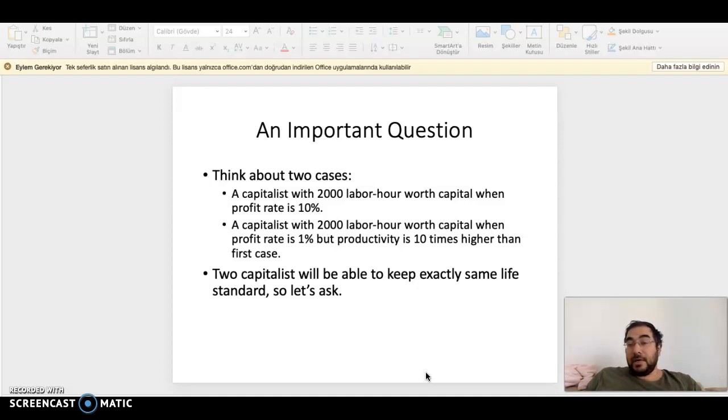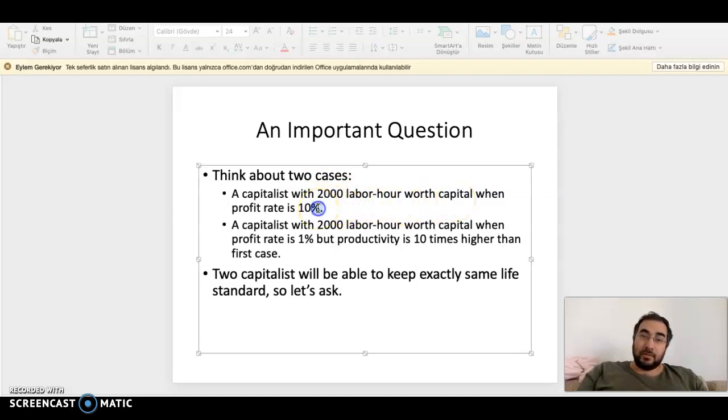But if we are trying to find out the overall health of the economic system, which one is important, profit amount or profit rate? Here you might say that a capitalist with 2,000 labor hours worth of capital has a profit rate of 10% in one case. In the second case, we have the same amount of capital, the profit rate is 1%, but the productivity is 10 times higher.